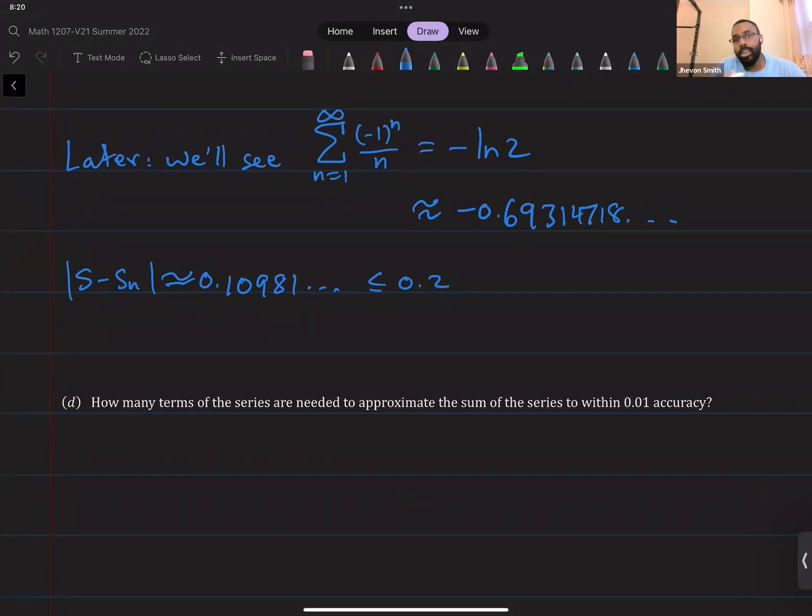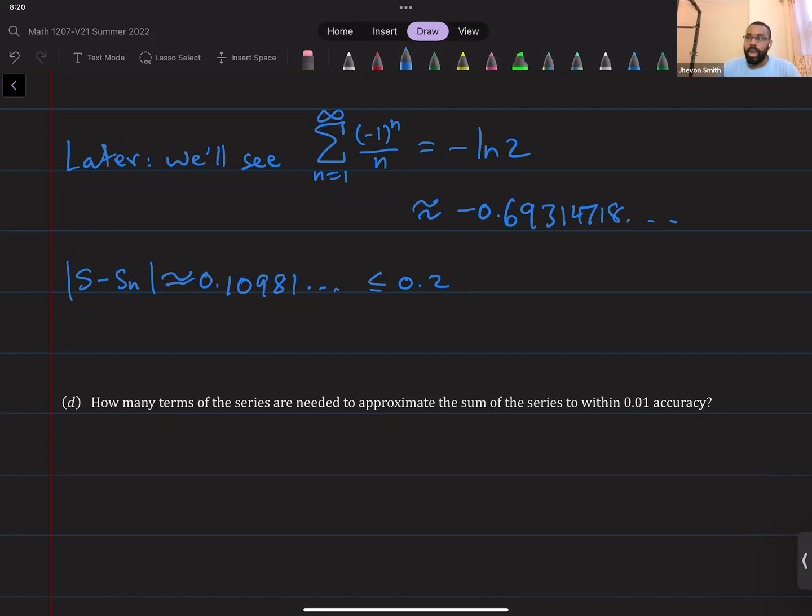Let's say I have a calculator that can be only accurate to this many digits, or I have a machine that's going to build something in real life, and that machine is only accurate to this much. How many terms would I need to get that level of accuracy? That is a question that you'd want to ask. What if I don't want to be off by 0.2, I want to be off by something smaller?